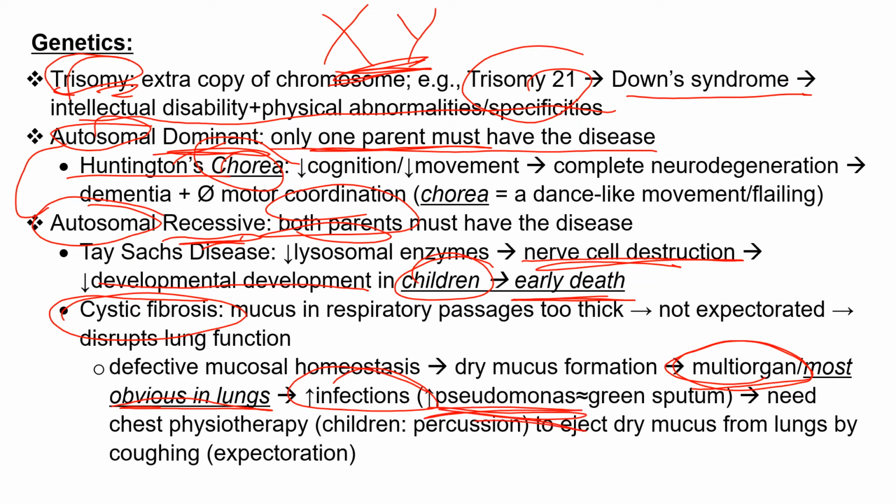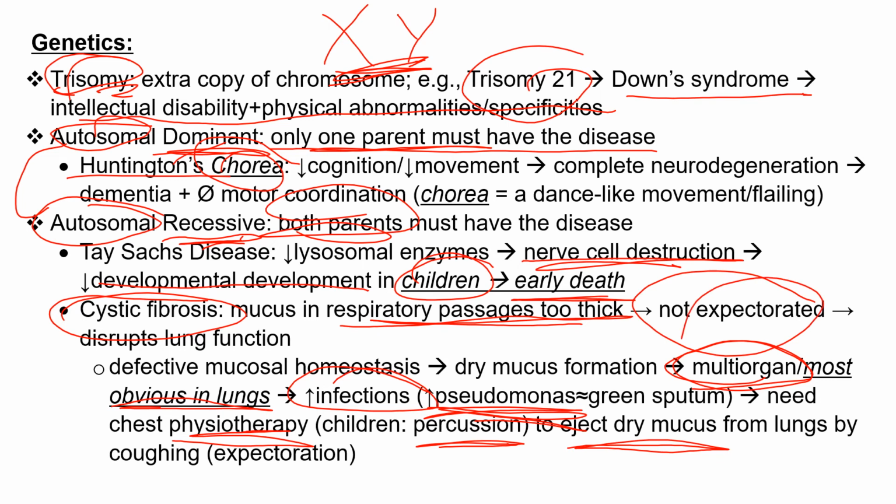And what you need to do to those little kids is physiotherapy. You need to percuss. You need to vigorously pat them on their backs to eject that dry mucus, which blocks the respiratory passages because it's way too thick and so can't really be removed by coughing. A little baby and even adults who live into their adulthood can't really cough that sputum.